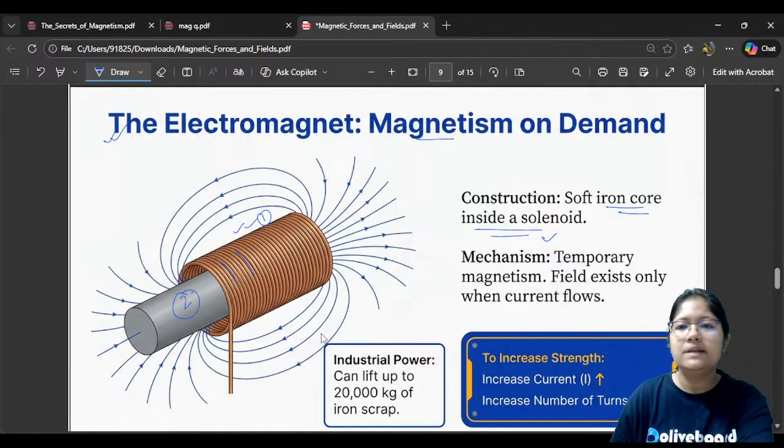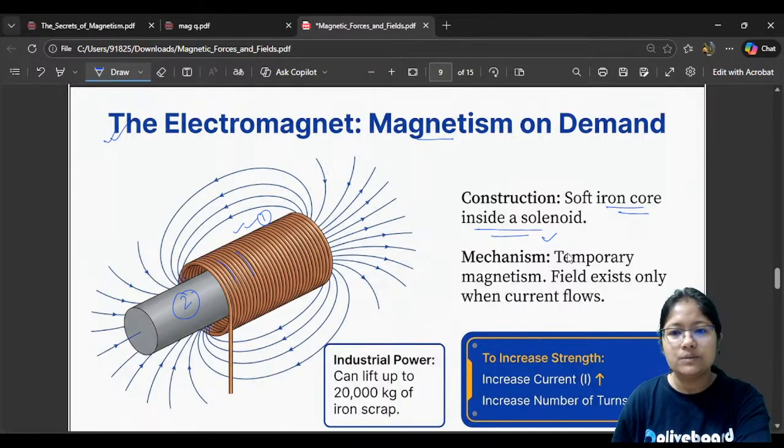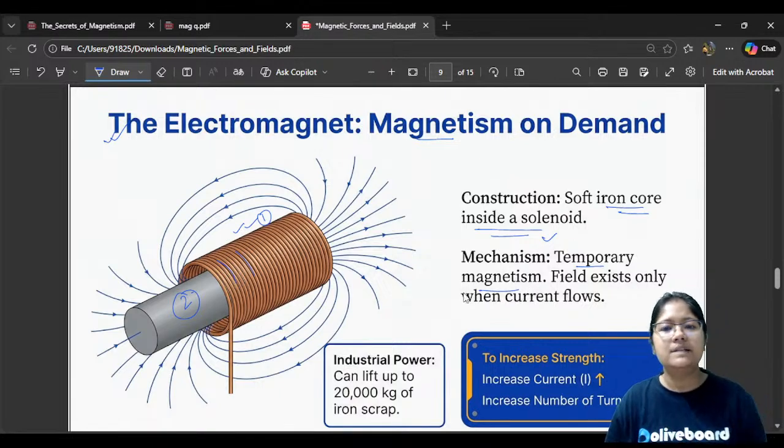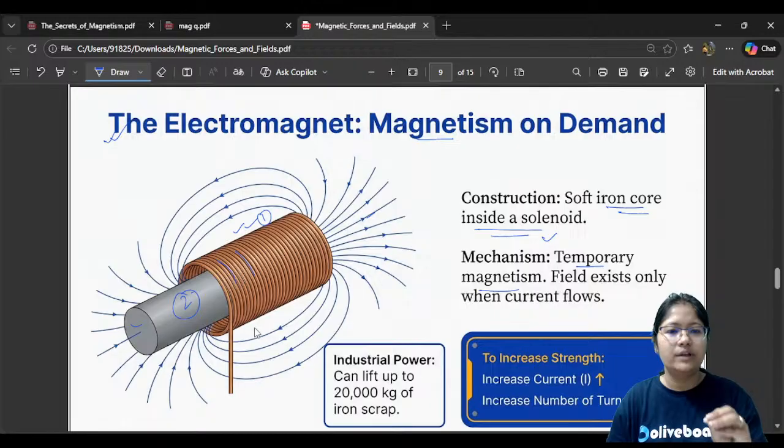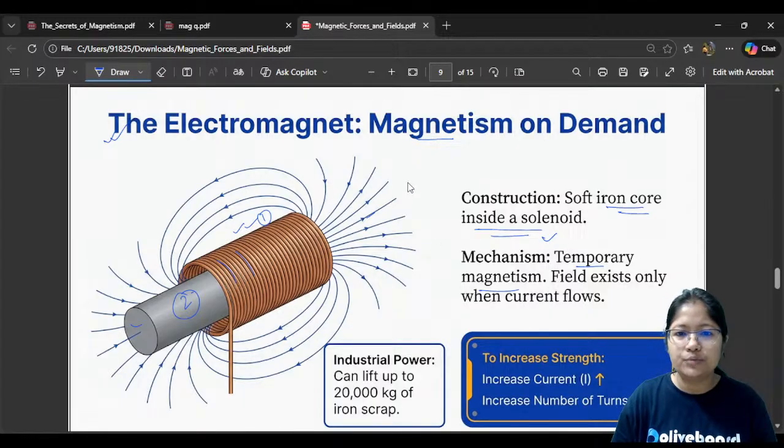Number 2, you can see, is the soft iron core which is being used inside the solenoid. And now how is it working? It is working like a temporary magnet. The field exists only when the current flows. If the current is flowing, then the magnetic field will exist like this, and if the current is not flowing, then it will stop acting like a magnet.